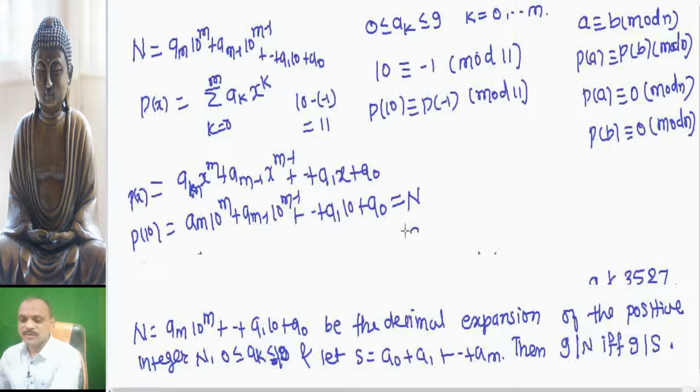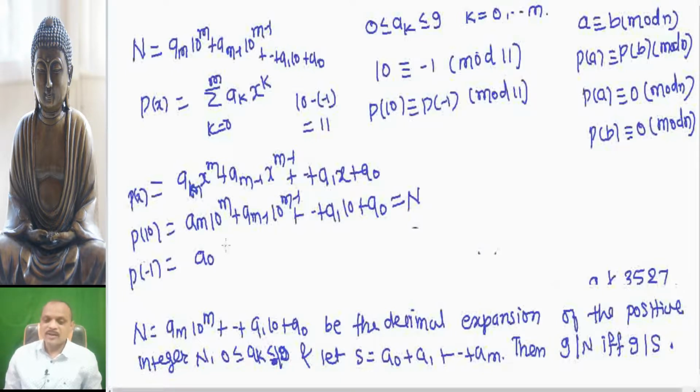Let us put that value here. You can see that p of minus 1 equals a0 plus a1 x, with x is minus 1, plus a2 x squared. I will write once again the same polynomial in terms of x so that you will get a clear idea.